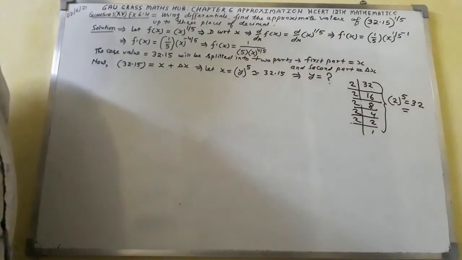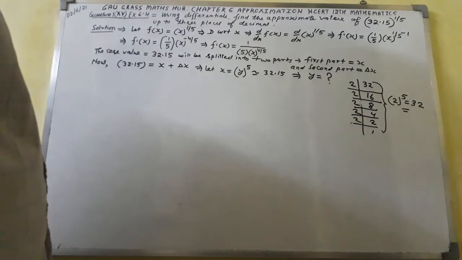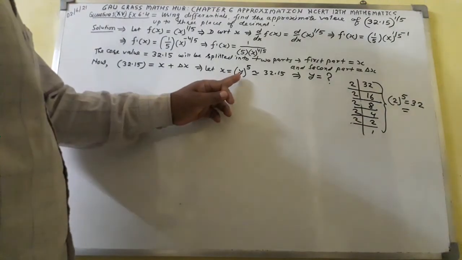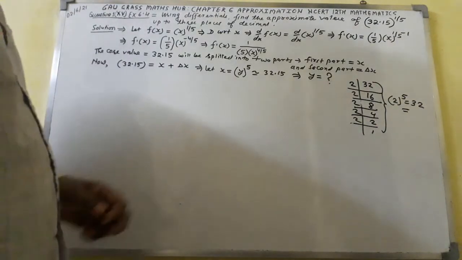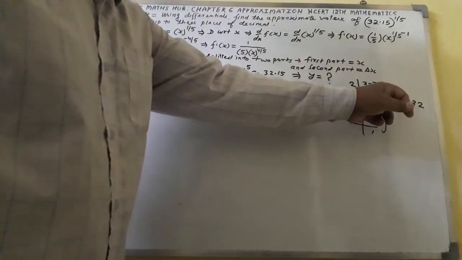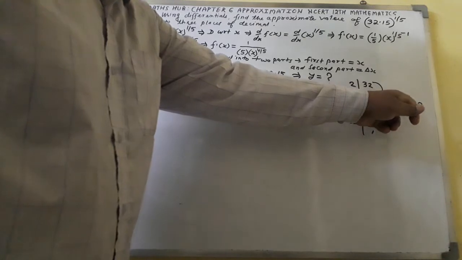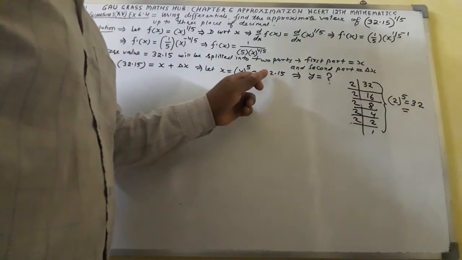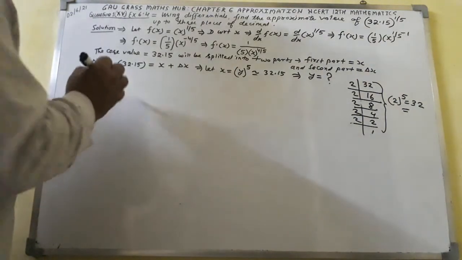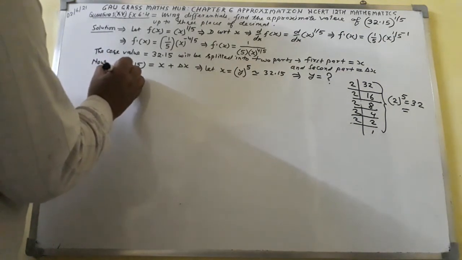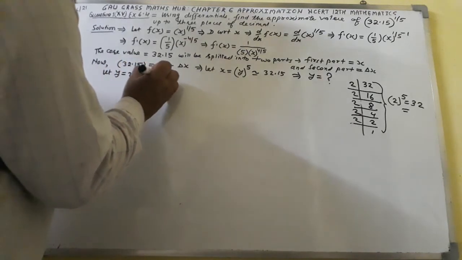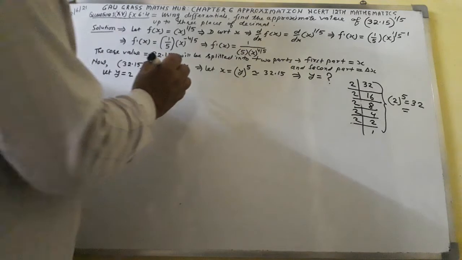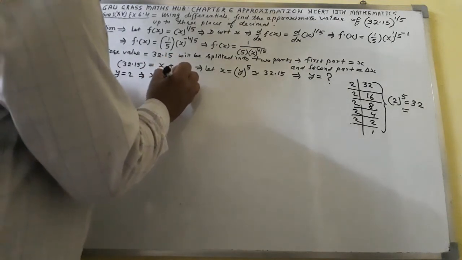This one you have got. And now what will we do here? The value of y I shall put here 2. 2 raised to the power 5 comes out to be 32, approaching 32.15. So here I shall write again: let y equal to 2, implied that x equal to, put the value of y equal to 2 here.